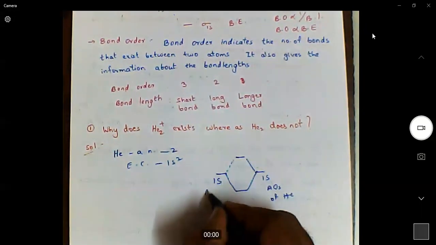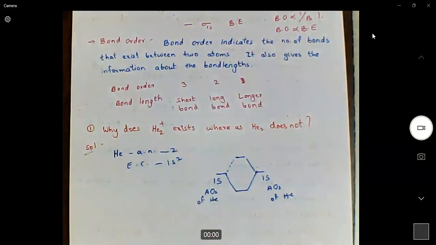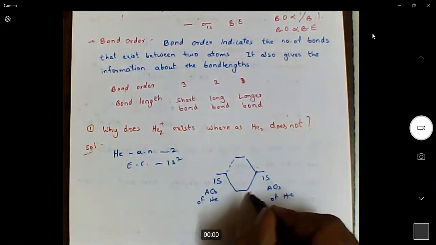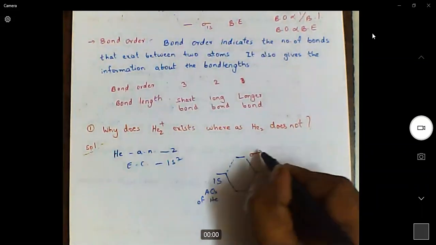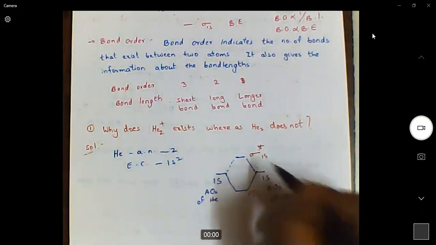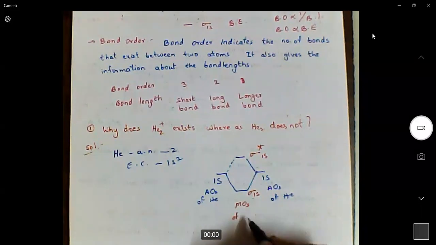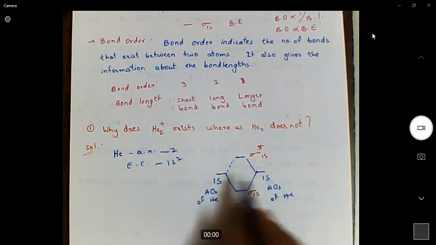These are also atomic orbitals of helium. When we construct the MO diagram, we will get two MOs. One is sigma 1s, another one is sigma star 1s. These are MOs of helium molecule, He2. These are MOs, these are AOs.